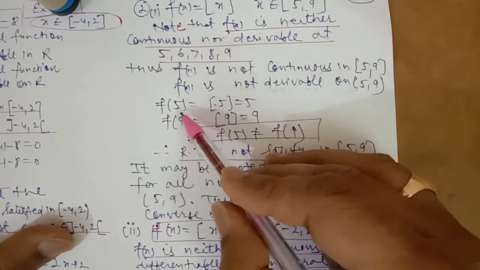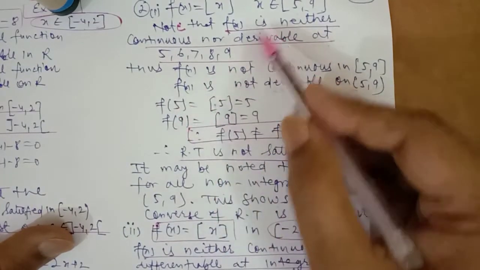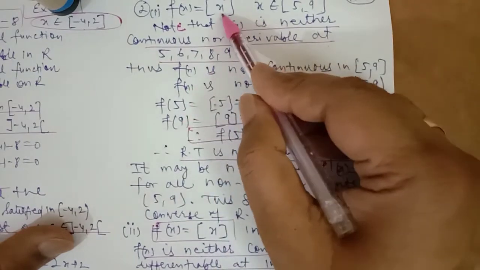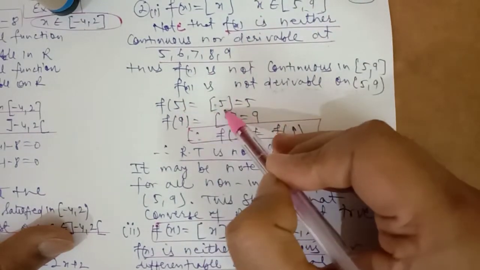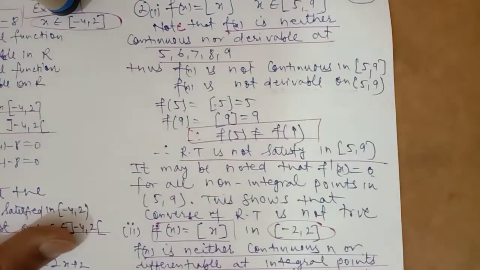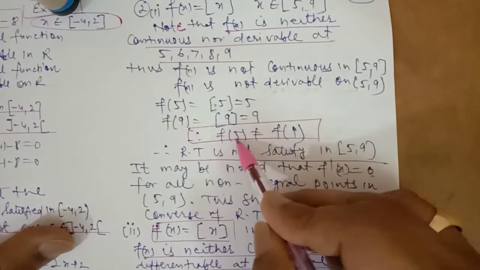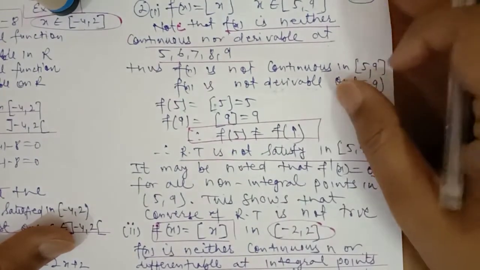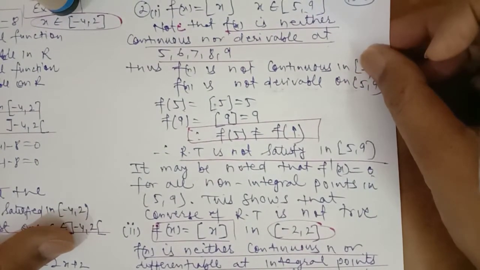Let us take the third condition also, f(a), that is f(5). The value of f(5), the greatest integer function, will be 5, and f(9) is equal to 9. So f(a) is not equal to f(b).